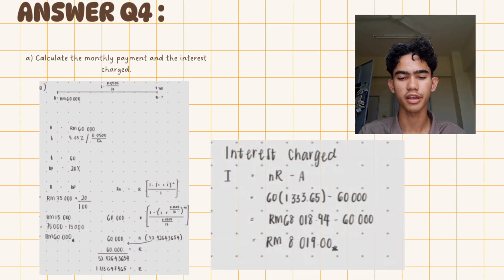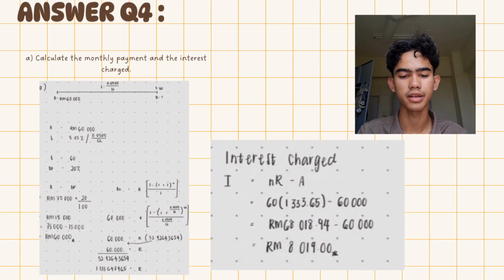For question A, calculate the monthly payment and the interest charge. For us to calculate the monthly payment, we're going to use the present value formula, which is A equivalent to R bracket 1 minus bracket 1 plus I bracket and powered by negative N divided by I bracket.